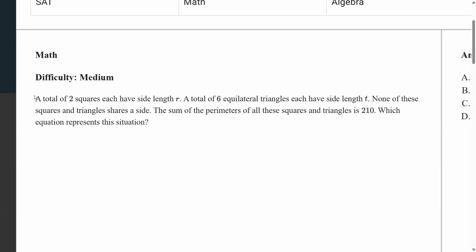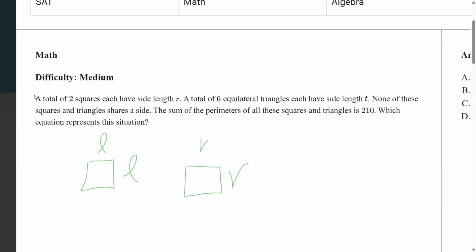A total of 2 squares each have side length r. A total of 6 equilateral triangles each have side length t.